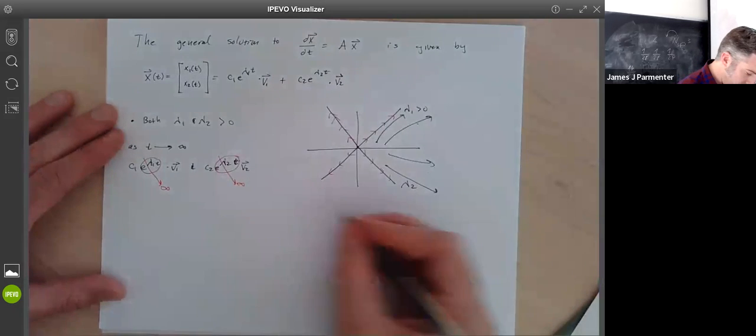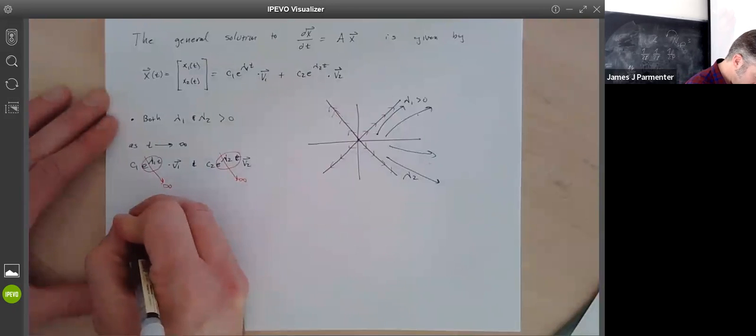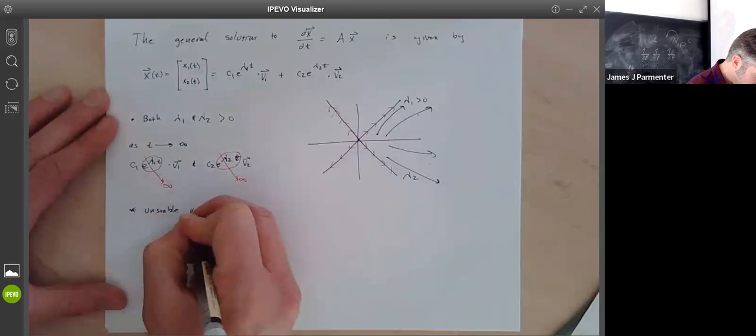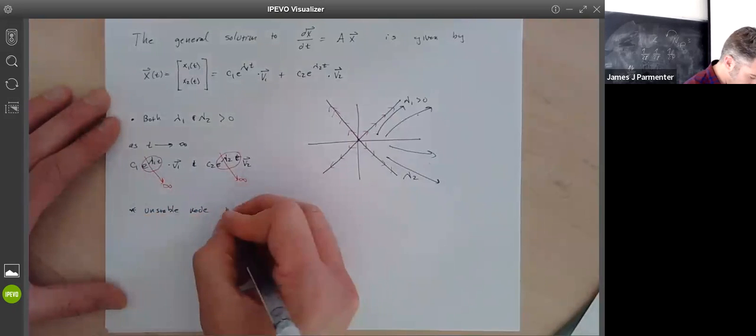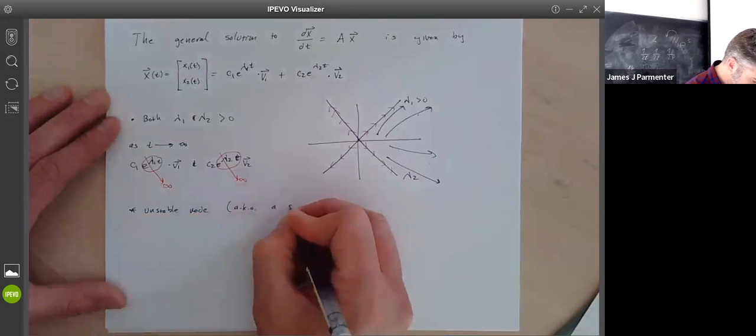So this is unstable, I should say. We call this an unstable node. Some people also call it a source.